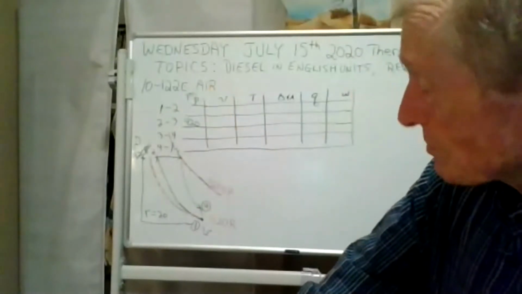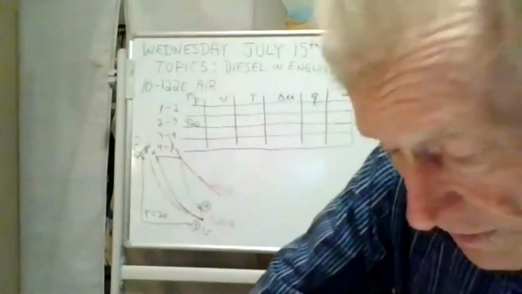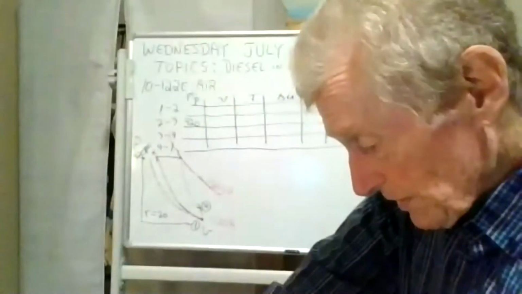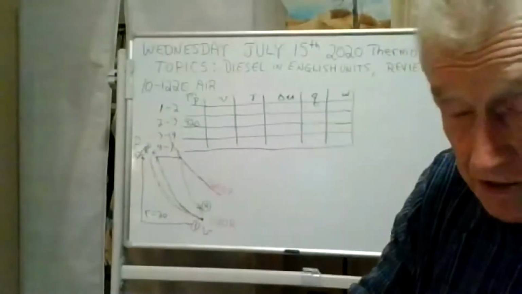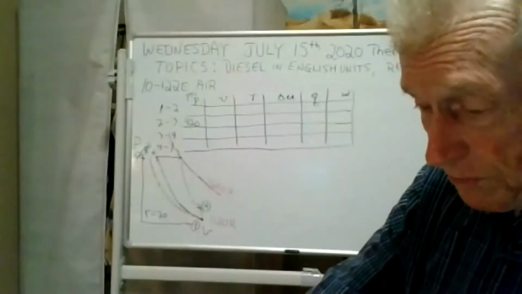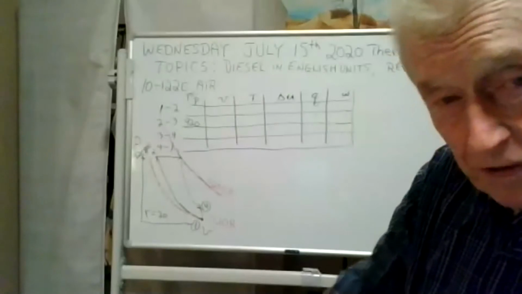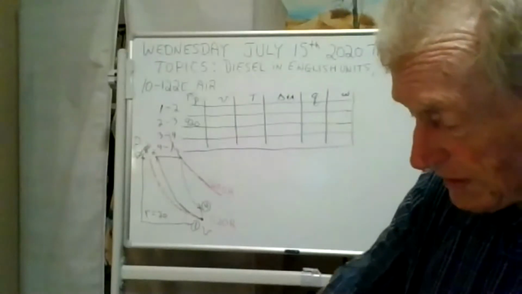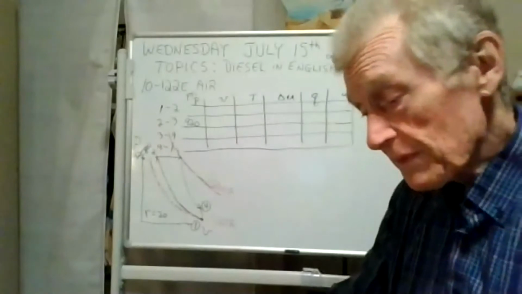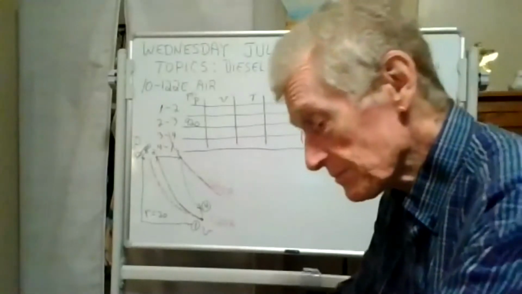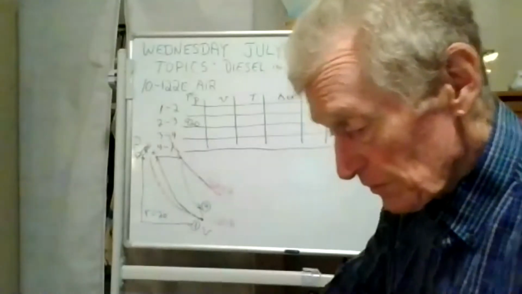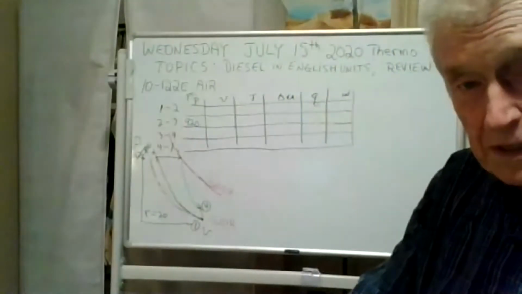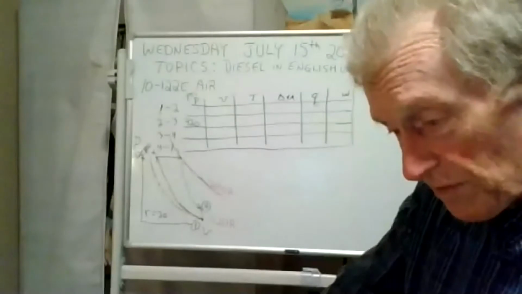We're doing English. But when you do a thermodynamics problem, you have to decide, is it English? Actually, it's called the British Engineering System of Units. Or is it SI, which we used to call the metric system? And you don't want to mix them.